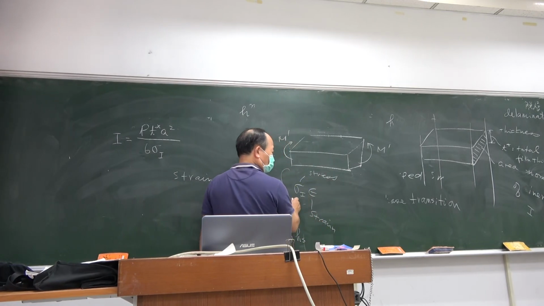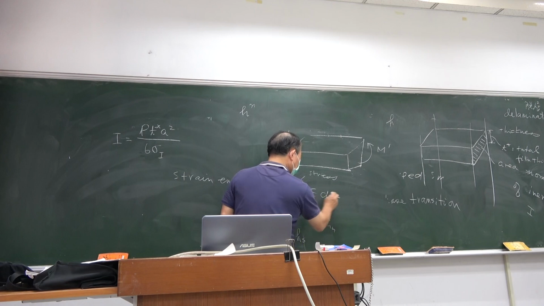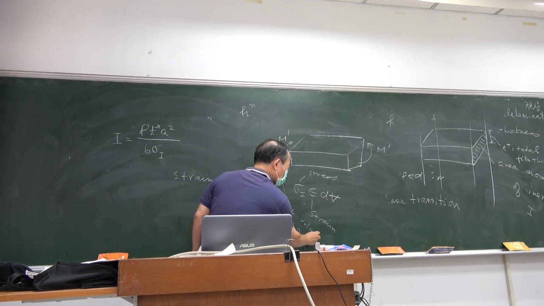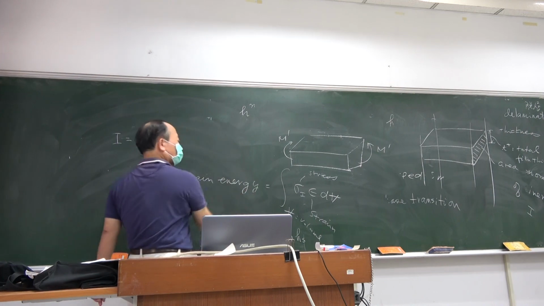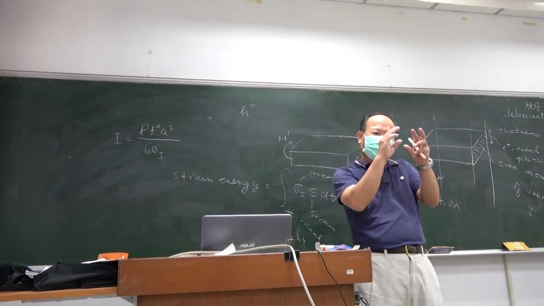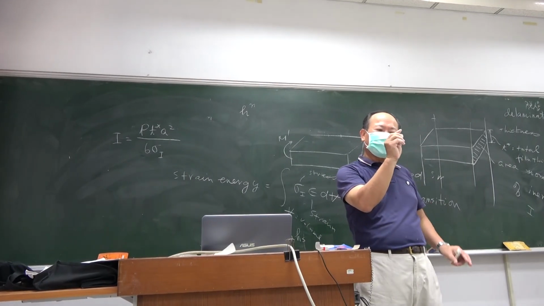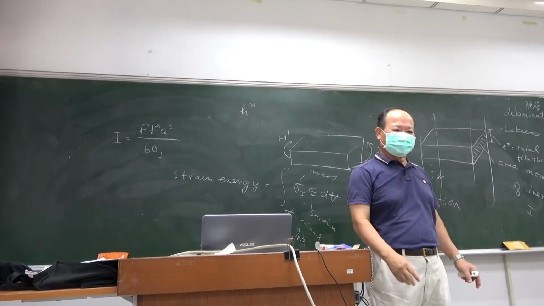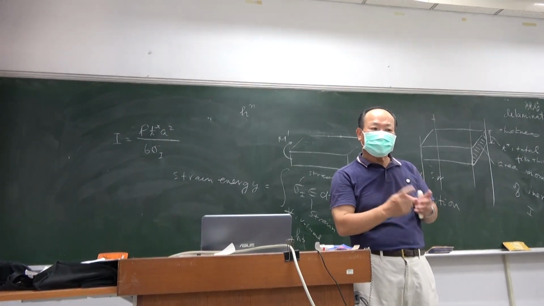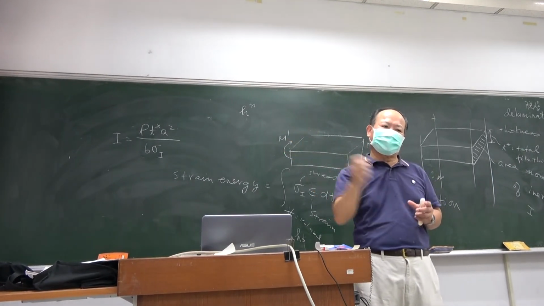This is strain, this is stress, and our V. What is V? V is the volume. This is what we call the strain energy. If this strain energy is beyond some critical value, you will find that the same thing, our defect, our defect here is just pop in.